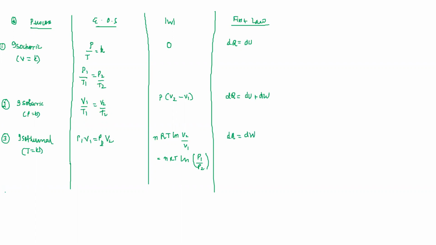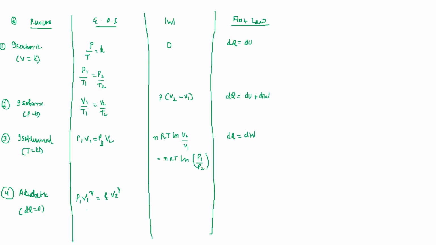And finally you have the adiabatic process. In an adiabatic process there is no heat transfer, so dq is equal to 0. The equation of state of an adiabatic process is P1 V1 to the power gamma is equal to P2 V2 to the power gamma.